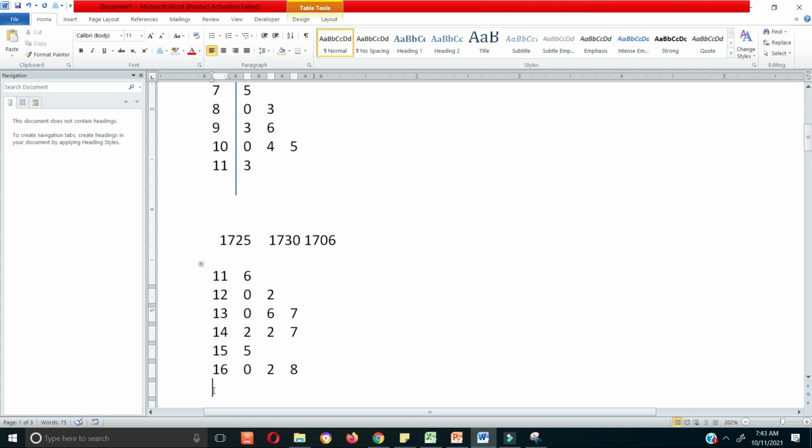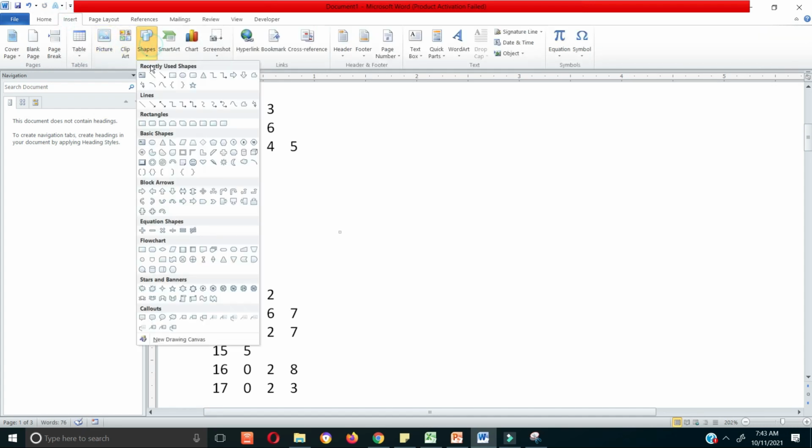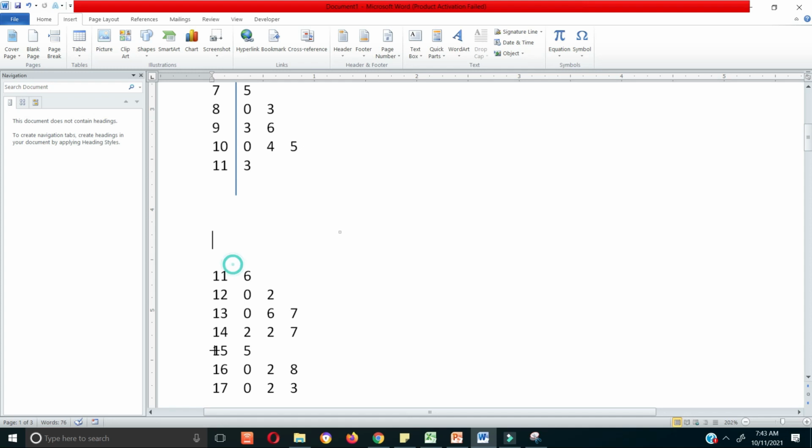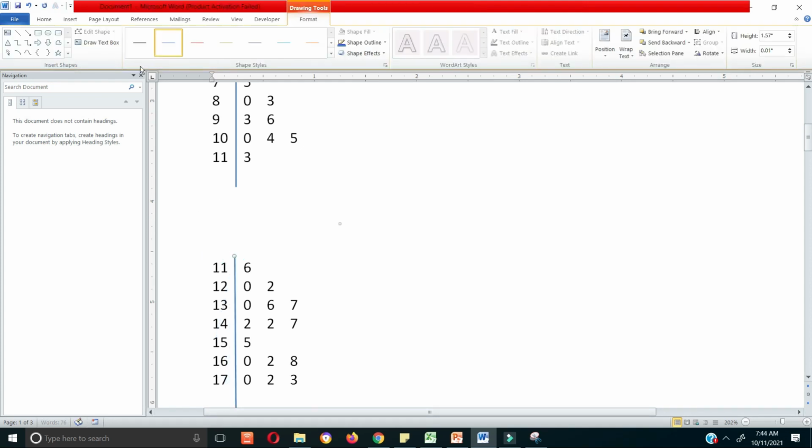So we have the 1700s, 720s, 1730. We have a 700s, then 720. Then we have a 730. So this is our stem and leaf display.